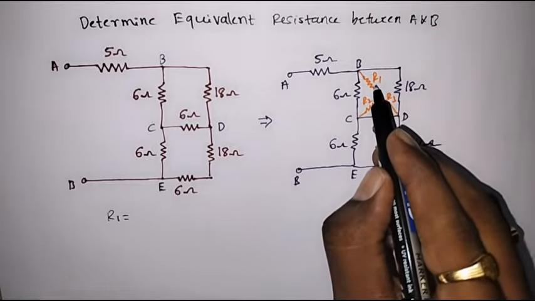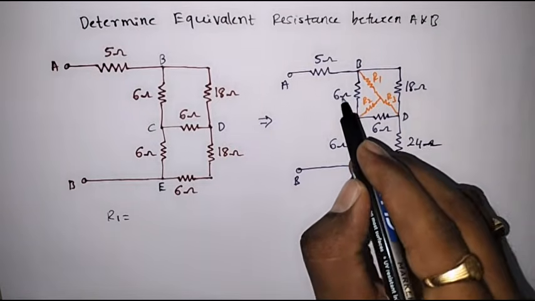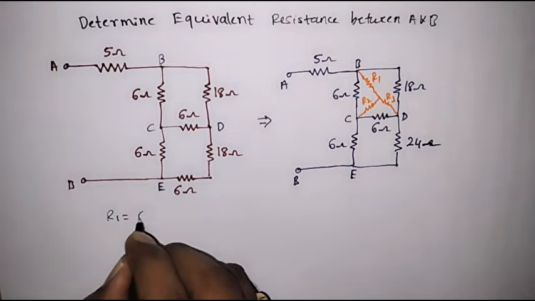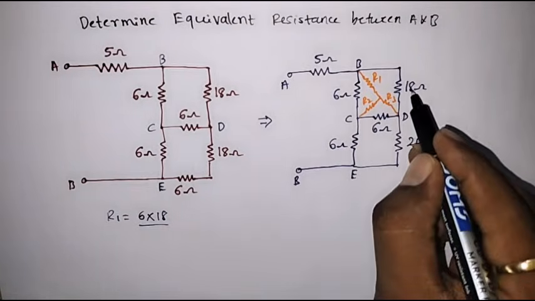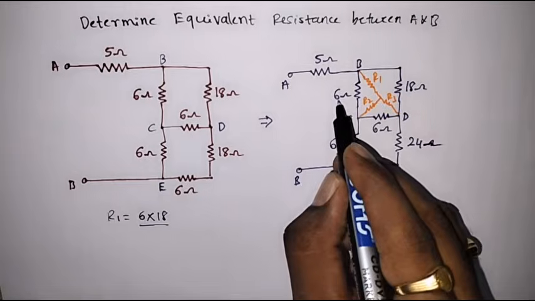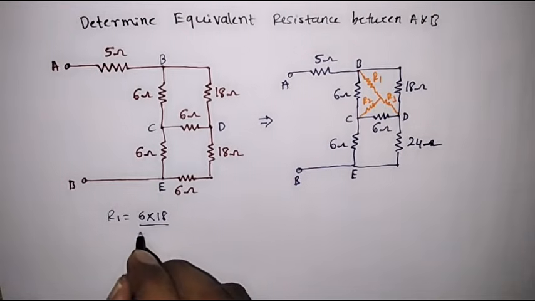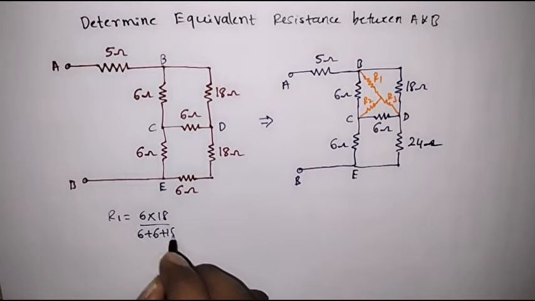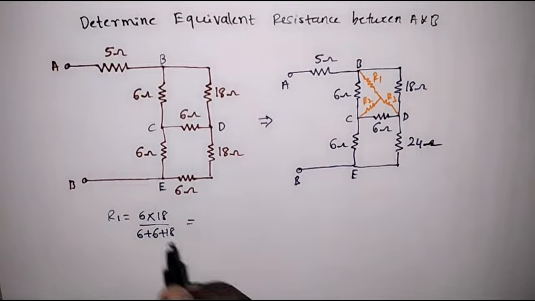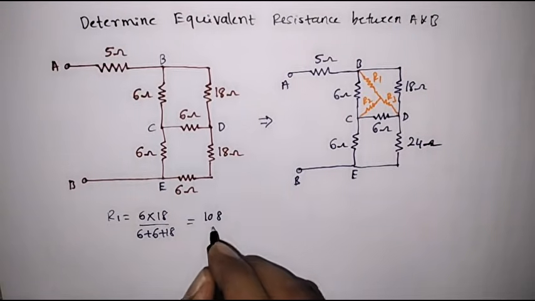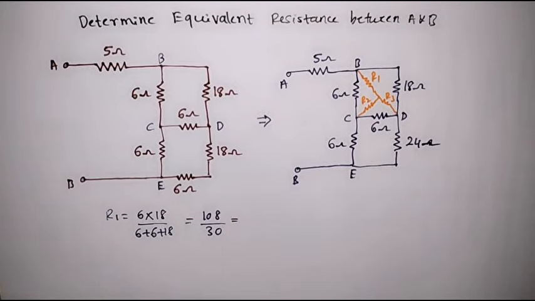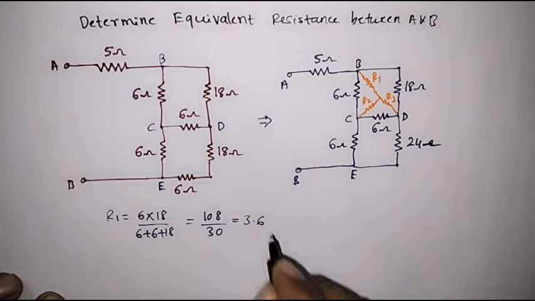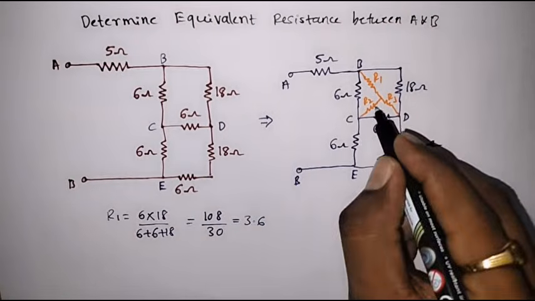That is, R1 has adjacent resistors 6 and 18, that is 6 into 18 divided by the sum of these three delta resistors, that is 6 plus 18. Simplifying this, we get 108 divided by 30, which is equal to 3.6 ohm.